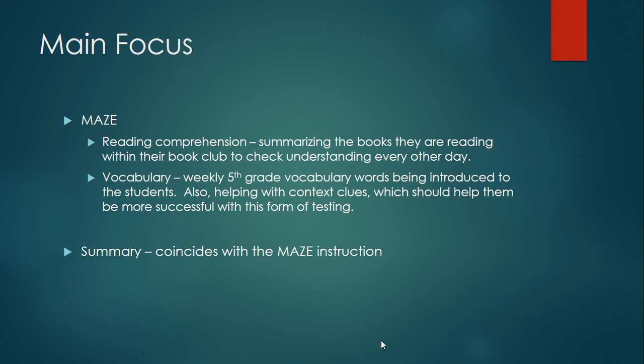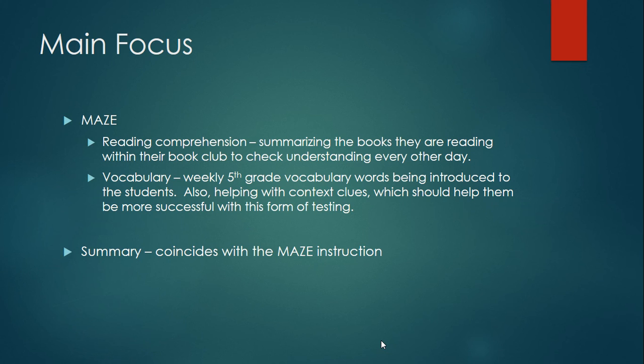In the beginning of the school year, we always do book clubs. The students are able to choose what book they would like to read, and I usually give them options, making sure that it's still on grade level for that particular student, making sure they're able to read it independently. And what we do is every other day, I have a meeting with them after they read a chapter of the book, and we have a discussion.